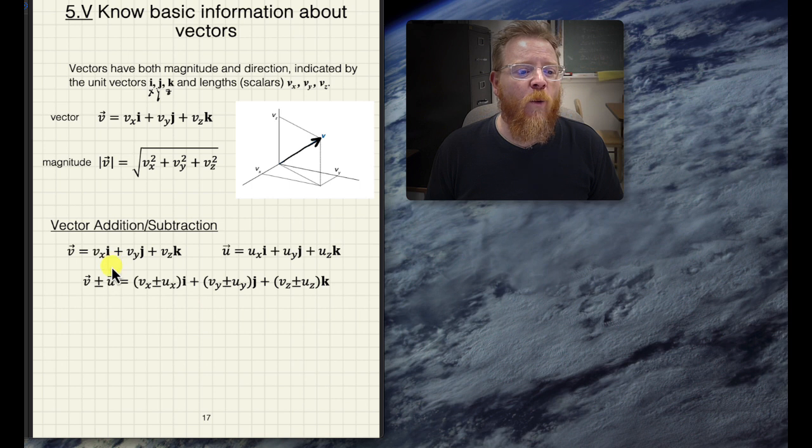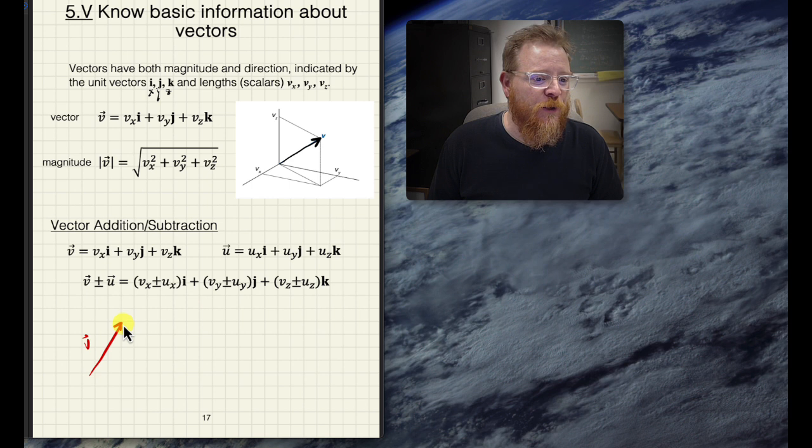So the way that we do vector addition and subtraction is pretty straightforward. So if we have two vectors indicated by V and U, and I'll draw those with two different colors here. So suppose I have vector V and I have, let's see, vector U, for example.